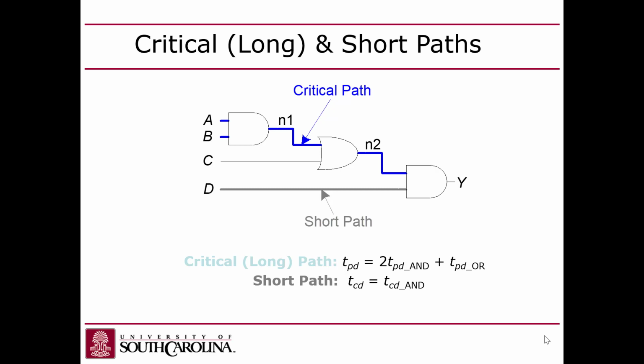So that's why you see TPD, the propagation delay, and TCD, the contamination delay. In this case, they're measured in terms of the individual gates. So when you say contamination, that's like the shortest path? Shortest path, yeah, through the circuit, and you also have a contamination delay associated with each gate as well. Make sense? Okay.